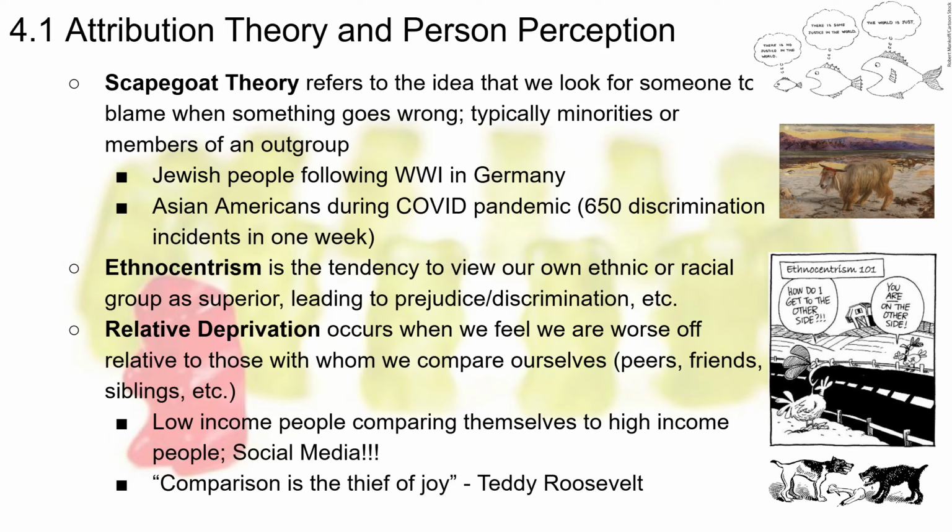In America, we see Asian Americans blamed for COVID. People believed that the COVID pandemic came from China, that China created it in a lab and it spread around the world. Therefore, all Asian Americans were responsible for this. And you see just tons of incidents of anti-Asian American prejudice and discrimination in the time following the beginning of the COVID pandemic, with a startling statistic of 650 incidents of discrimination in one week following a particular week in the pandemic.